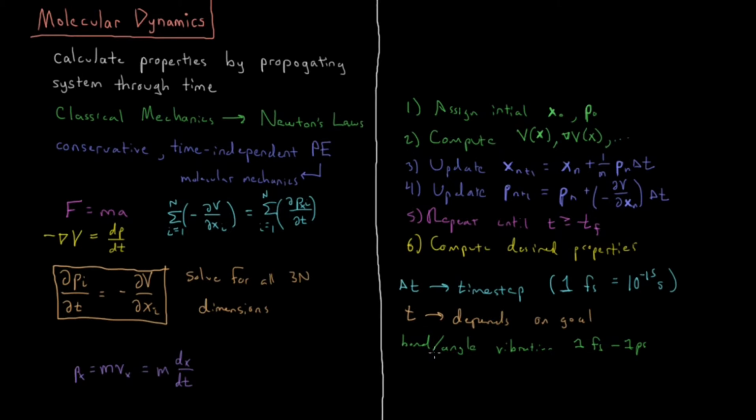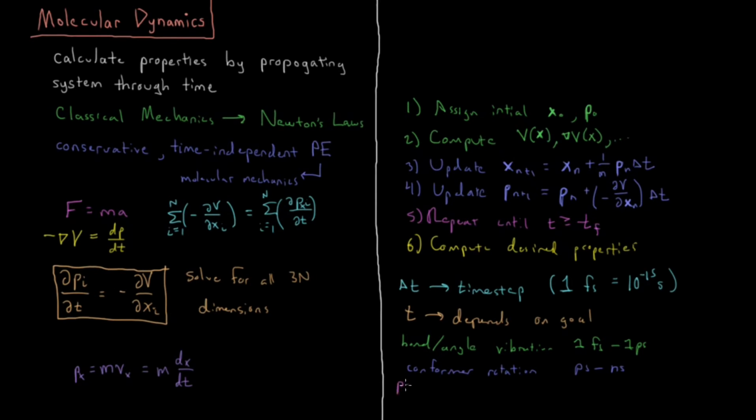Similarly, something like a dihedral rotation might be on that same kind of thing, like the motion of the hydrogens around the dihedral in ethane. Something like a conformer motion, like maybe you have a small peptide that's changing from one conformation to the other, a very small peptide. That'd be something like a picosecond to a nanosecond, 10 to the minus 12 to 10 to the minus 9th seconds.